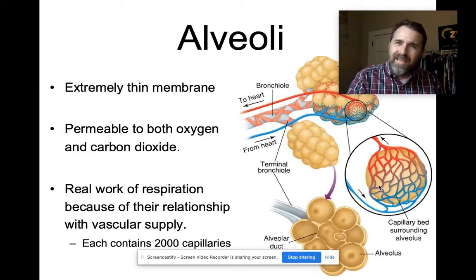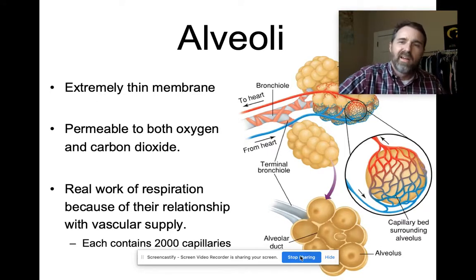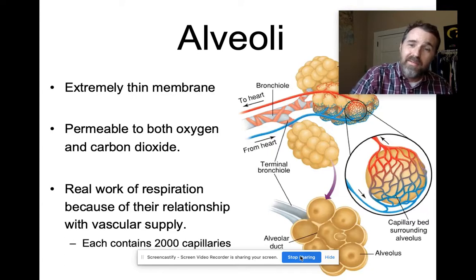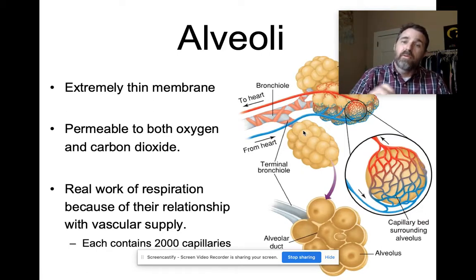So the purpose of the alveoli is to give your body as much surface area to interact with the atmosphere. The alveoli themselves are composed of a thin membrane through which oxygen and carbon dioxide can move freely.